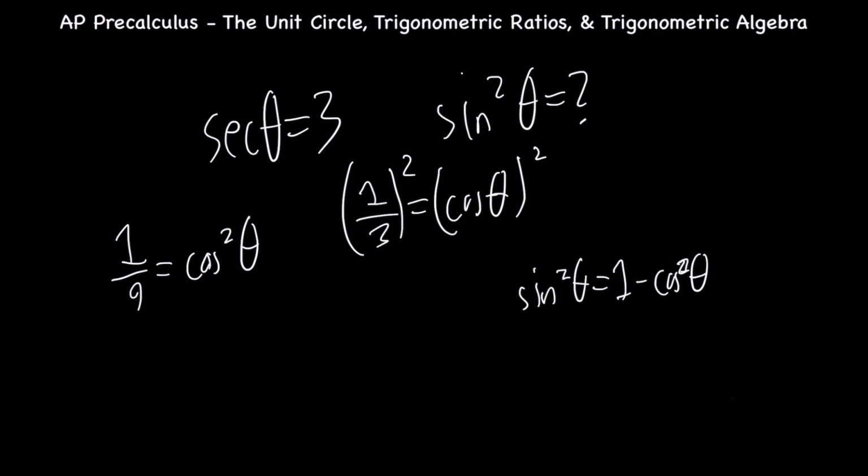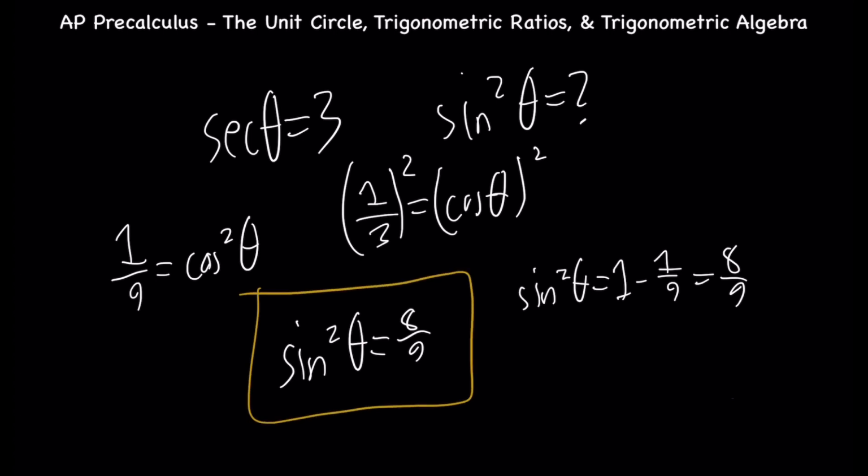We find out that 1/9 is equal to cosine squared. All we have to do now, plug it in. And there you have it. Sine squared theta is equal to 8/9.